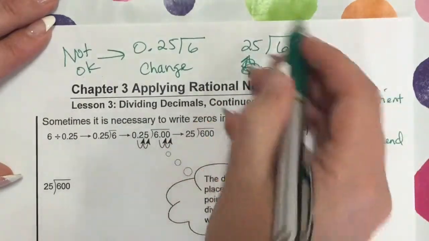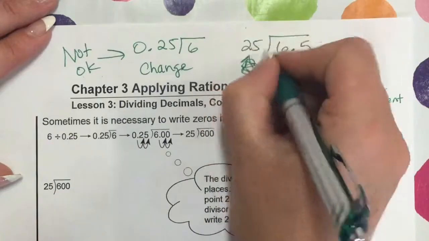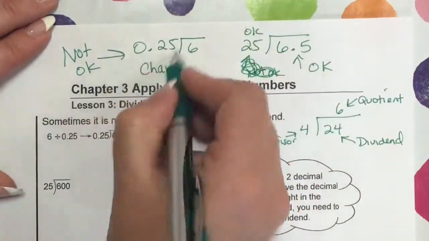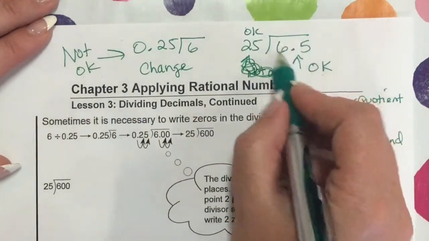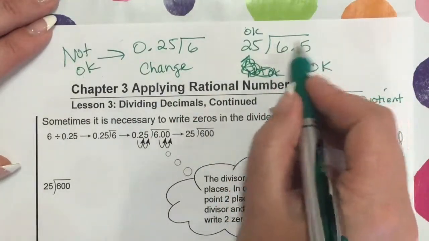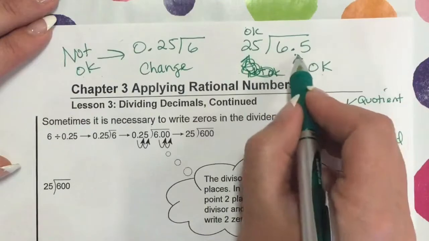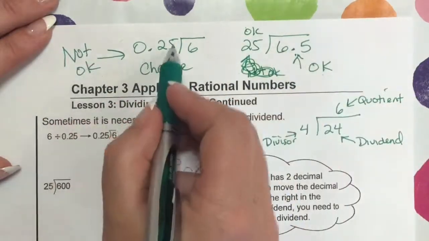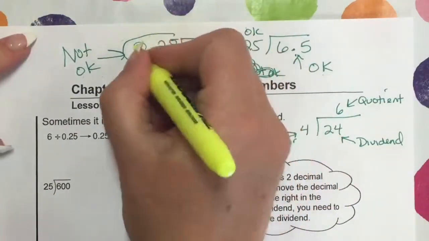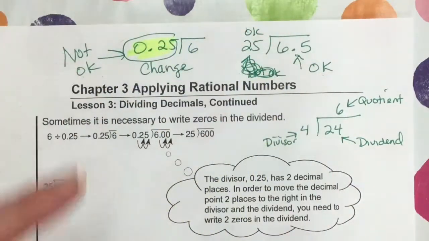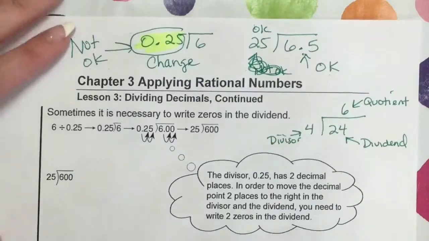This is okay now because it's not a decimal. So 25 is okay. But a decimal in the divisor is not okay. All right? And it's okay to have a decimal in the dividend. Okay? But you just can never have one right here outside. That's a big no. So, yeah. Okay, so let's move on.